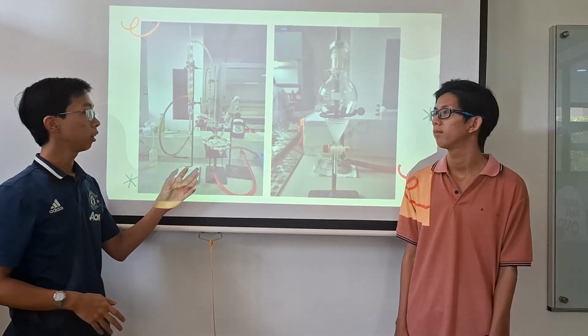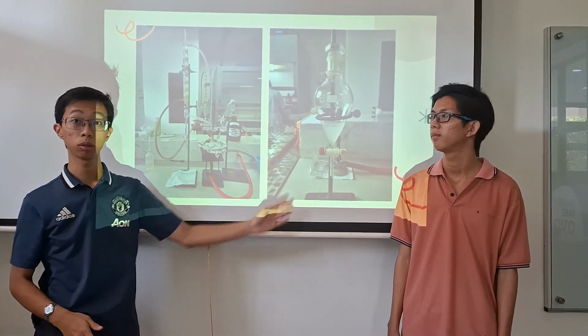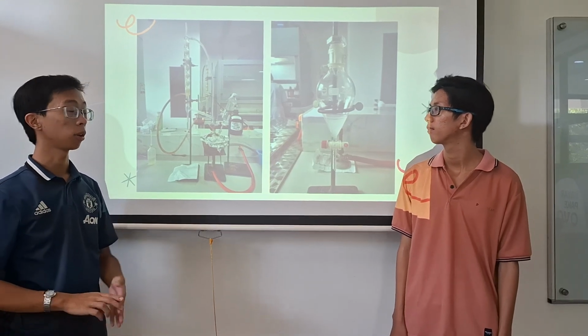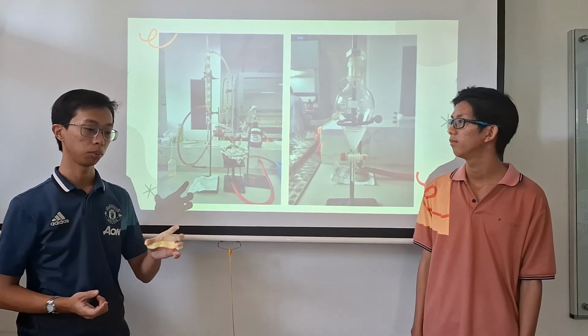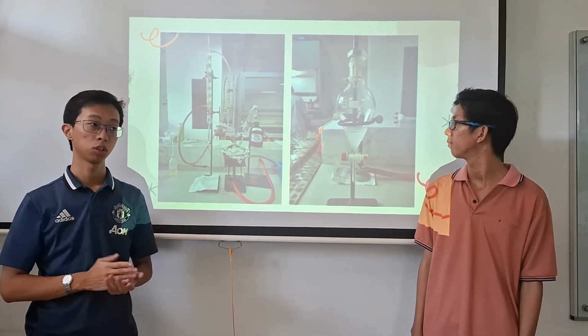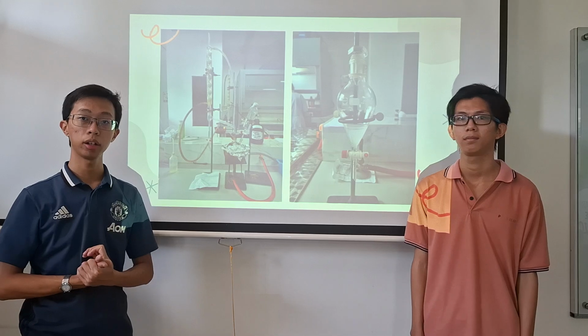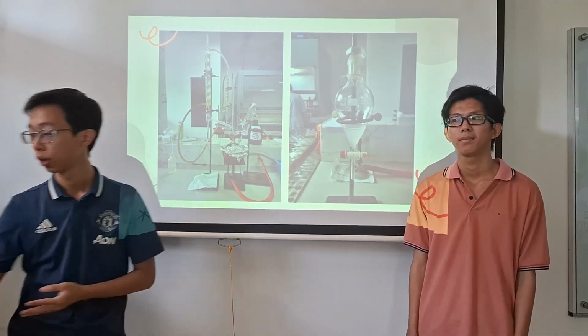After we get the clove oil, we separate it using liquid-liquid extraction with a separatory funnel containing dichloromethane. So we got the eugenol content from the clove oil.